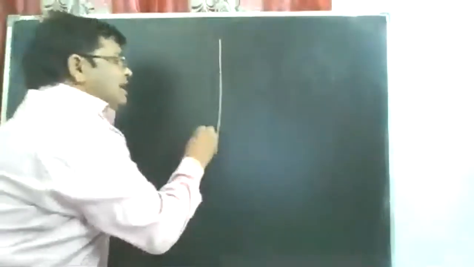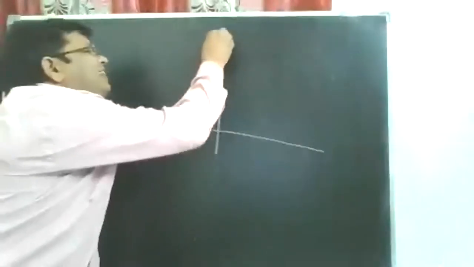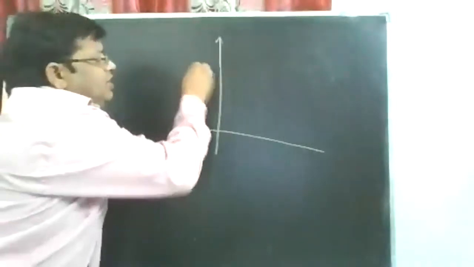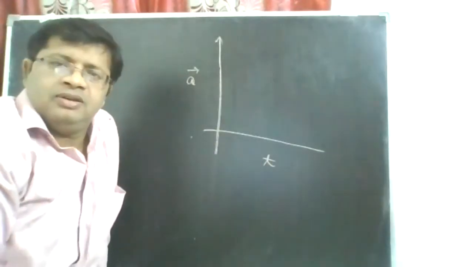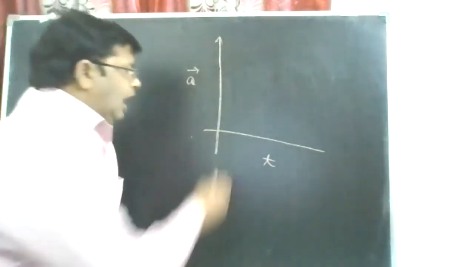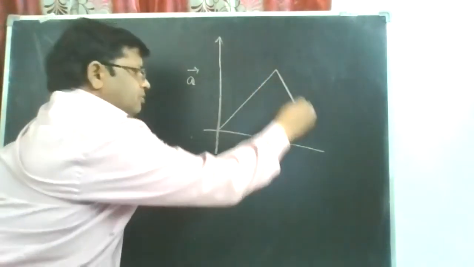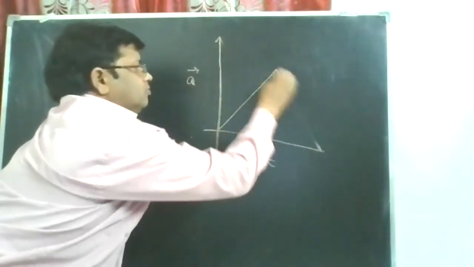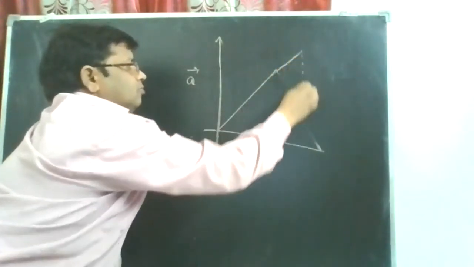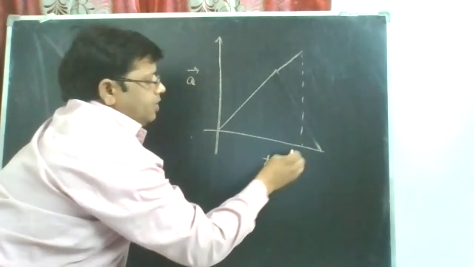Beta, if any graph is given to you where acceleration is on the y-axis and time is on the x-axis, and this graph is given to you, this is time t.